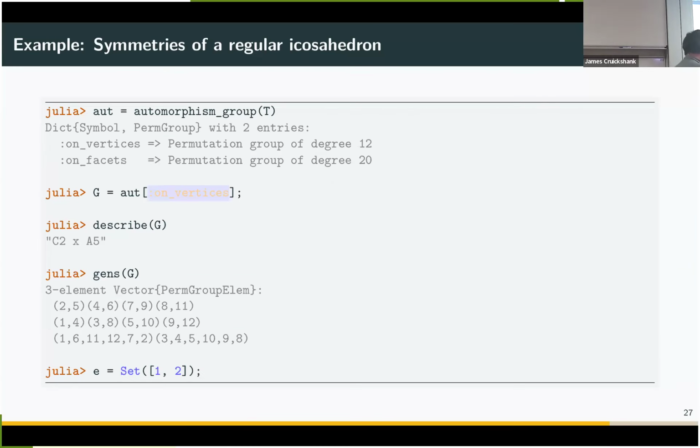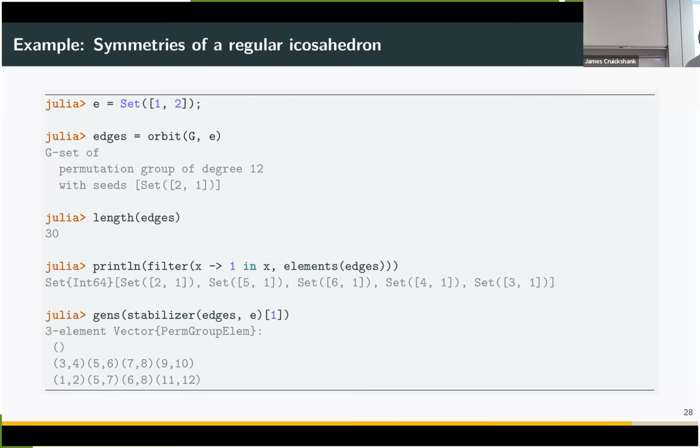Let's take this edge 1 to 2, and then we form the orbit of this edge under the group. So we know how the group acts on sets by default. It maps each endpoint of the set under the permutation, and then forms the set of that. So that's the group action.